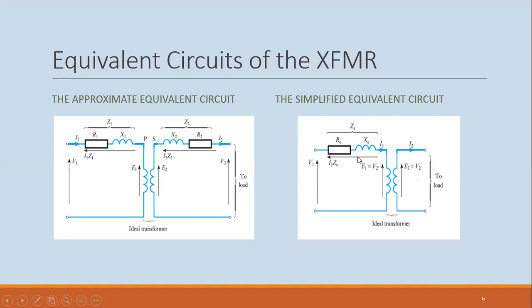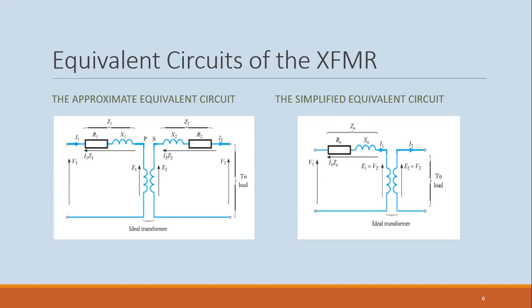But as you will see now, we have basically reduced our transformer to an impedance, ZE. So instead of two sets of impedances, we have now reduced it to one, and that will simplify our calculations even further.